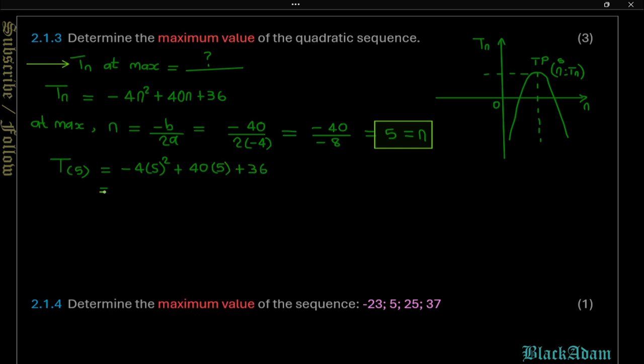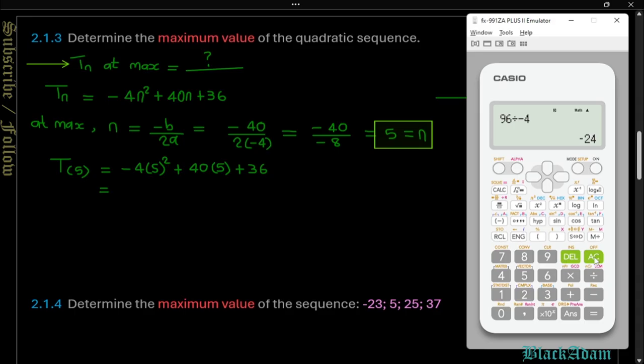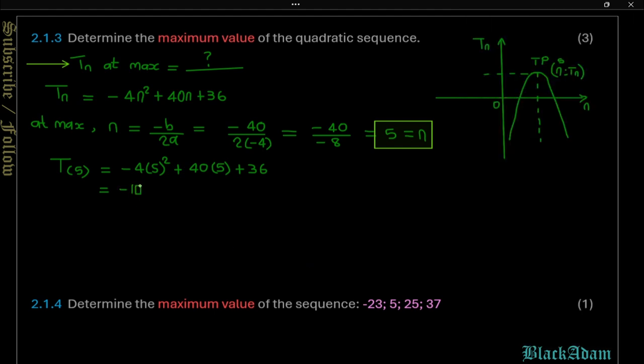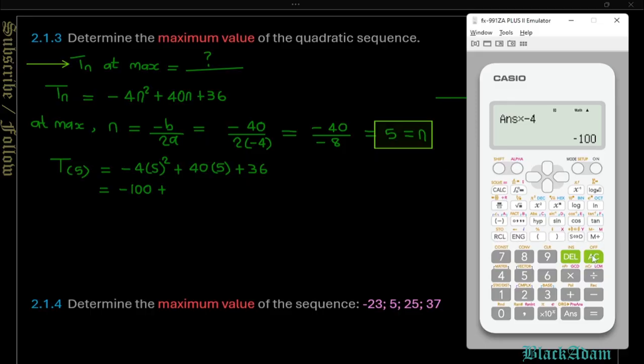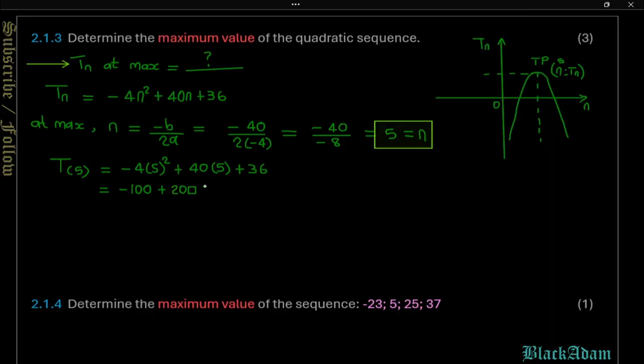So 5 squared is 25 multiplied by negative 4 is negative 100. So negative 100 plus 40 multiplied by 5, that's 200, and then we have plus 36.